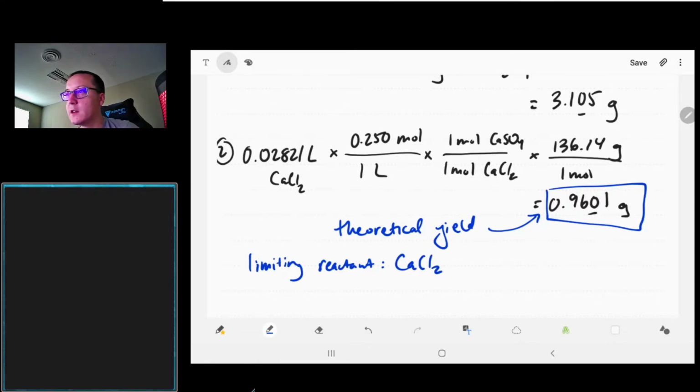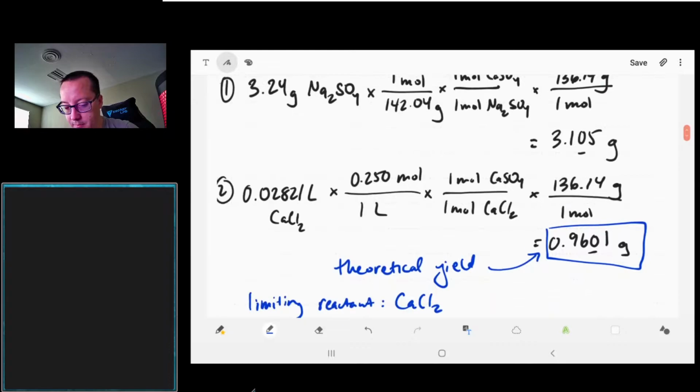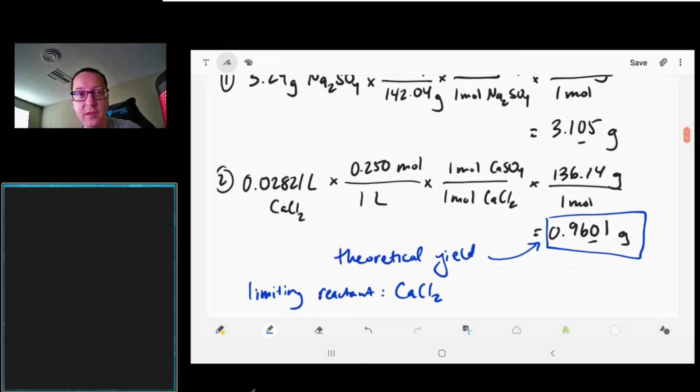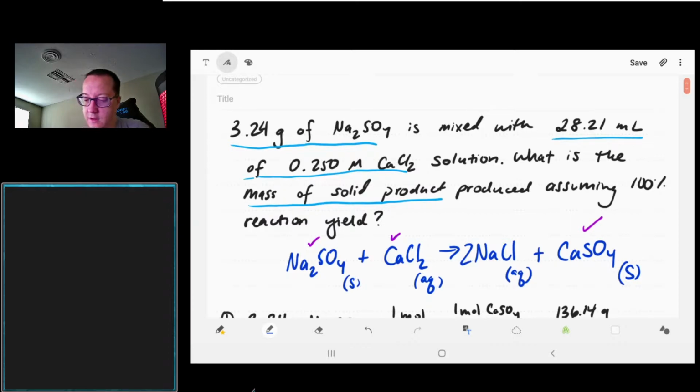Depending on what question you're asked, instead of what's the mass of whatever, you might be just asked what's the limiting reactant. And for that one, you would choose the reactant that's going to give you the theoretical yield. If I were to take this question and instead of asking what is the mass of the solid product, ask what's the limiting reactant, you would just choose a product to go for.